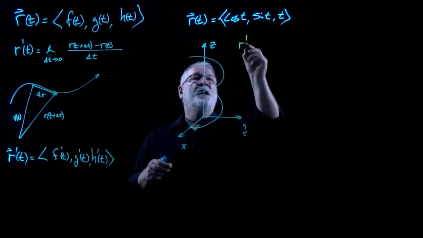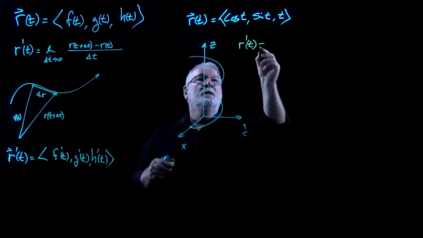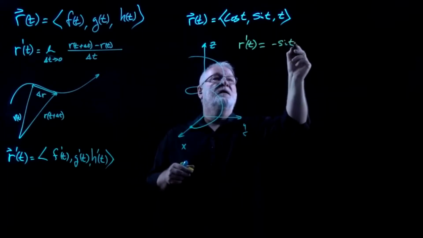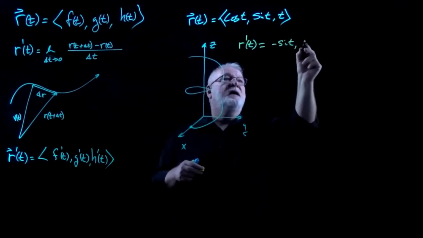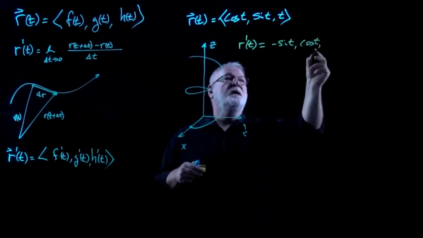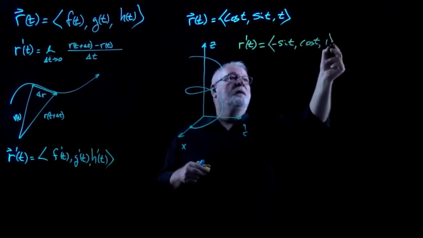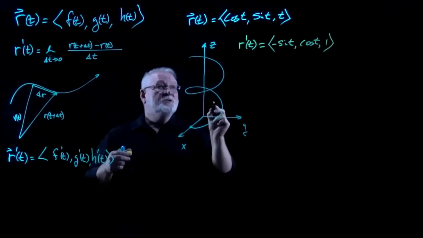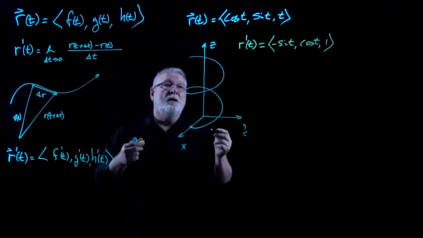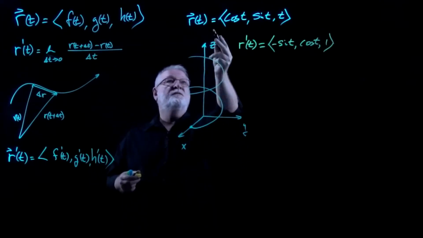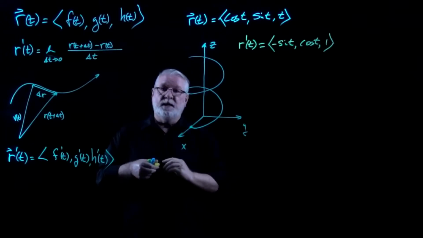So r prime of t will be, the derivative of cosine is negative sine of t. The derivative of sine is cosine of t, and the derivative of t is 1. So there's the vector r prime of t. That is the derivative of this particular helix.